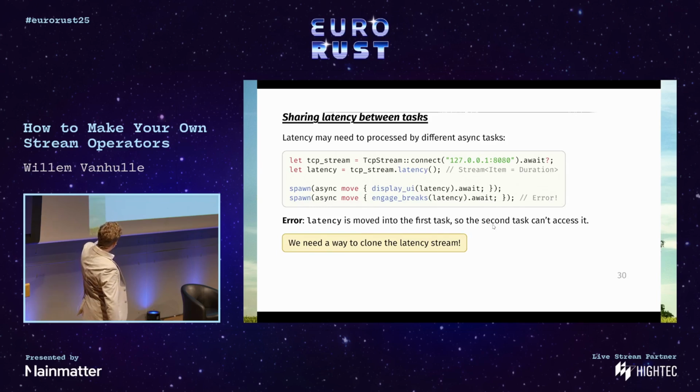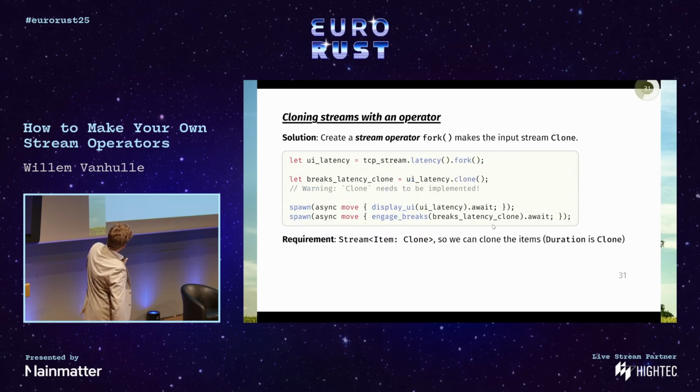The problem here is that the latency stream is owned by only one thread or task at the same time, and this code will not compile because we cannot share it just like that. So what we can do is create a fork operator, and the fork operator will allow the outputs to be cloned.